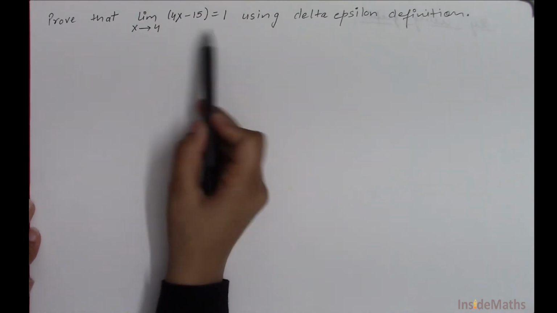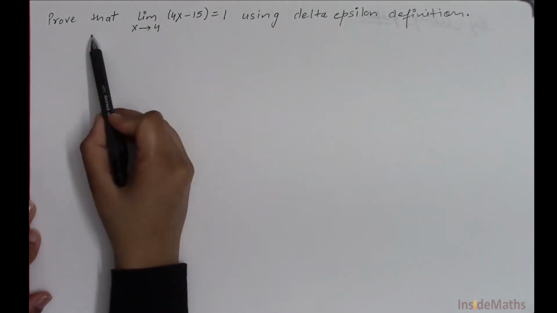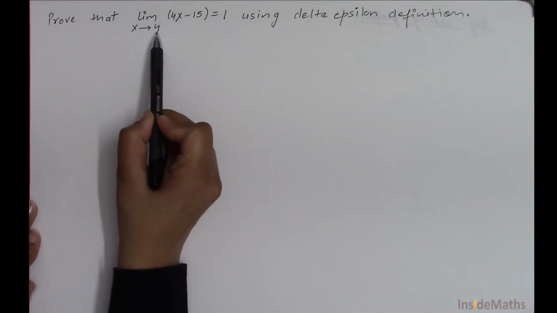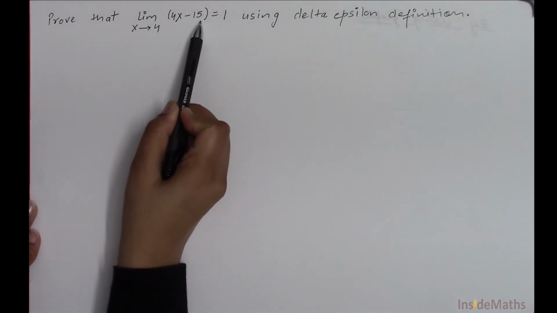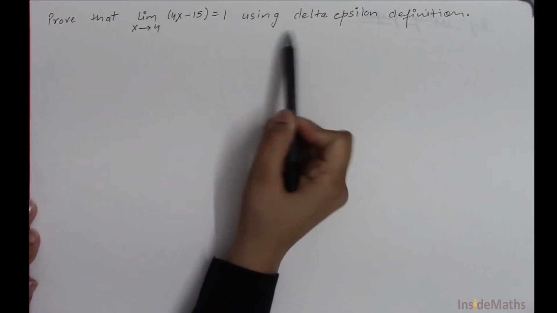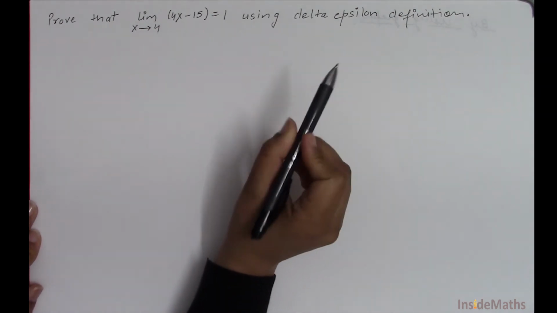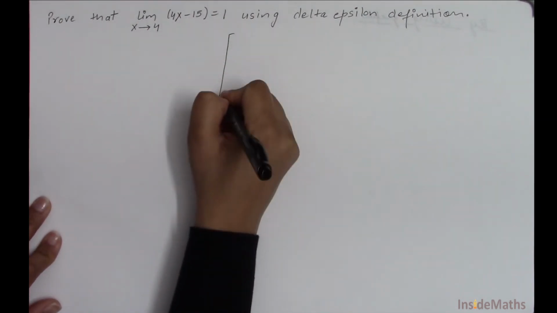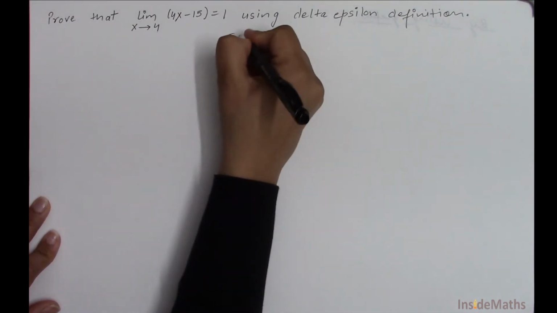Now I'm going to do this example which says prove limit x approaches 4 of 4x minus 15 is equal to 1 using the delta epsilon definition. I'll write the definition quickly.